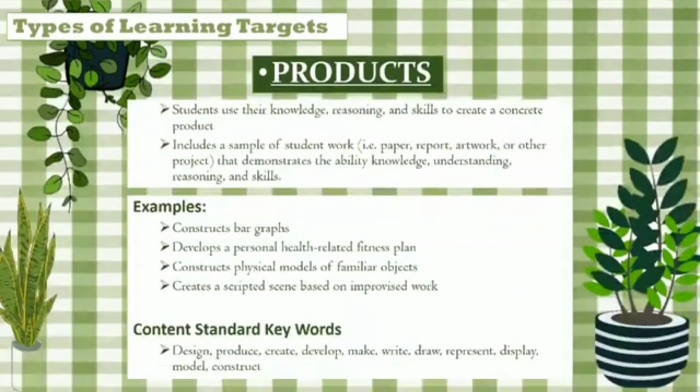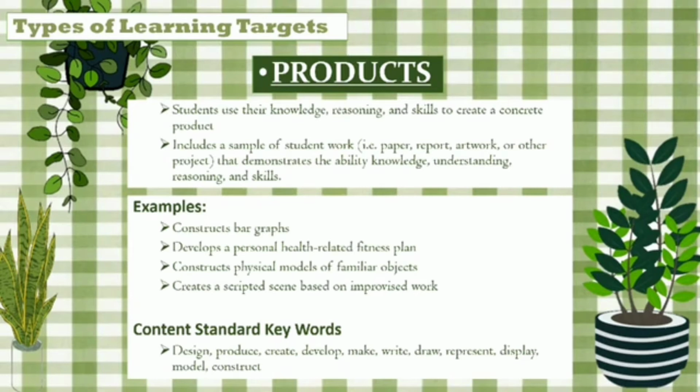The fourth type of learning target is the products. Students use their knowledge, reasoning, and skills to create a concrete product. It also includes a sample of student work, such as a paper, report, artwork, or other project that demonstrates the ability, knowledge, understanding, reasoning, and skills.